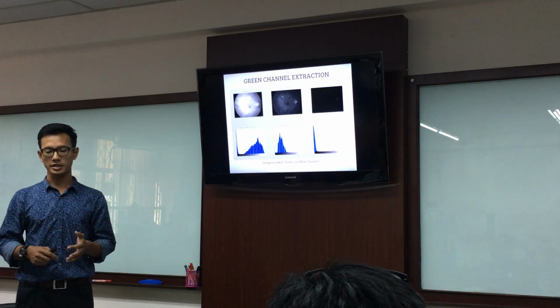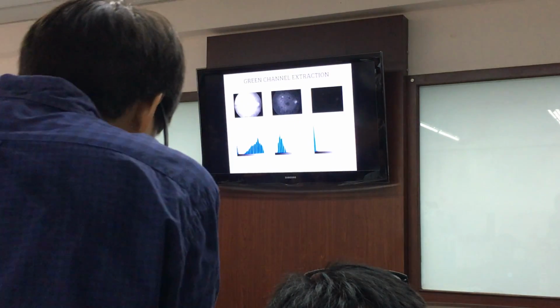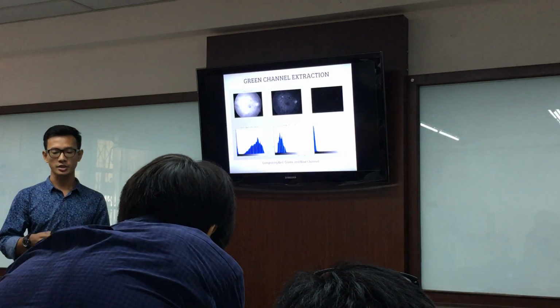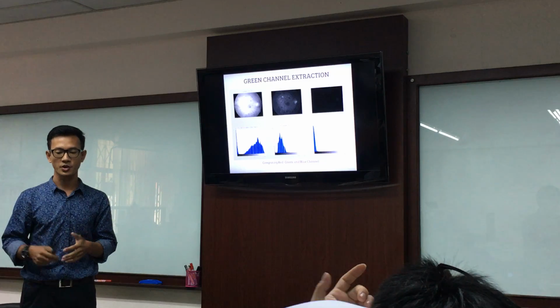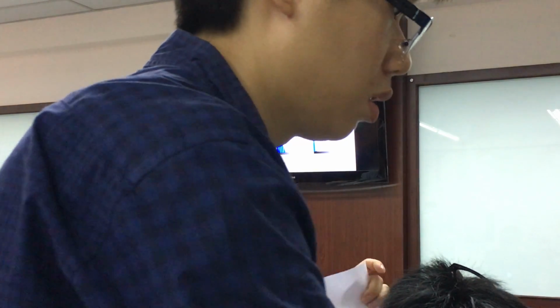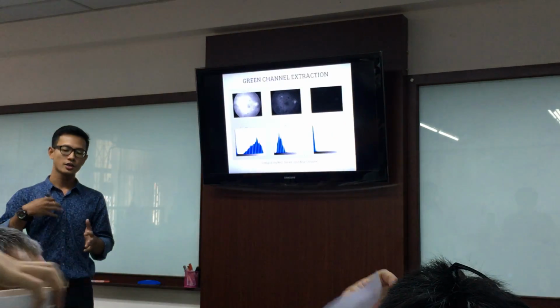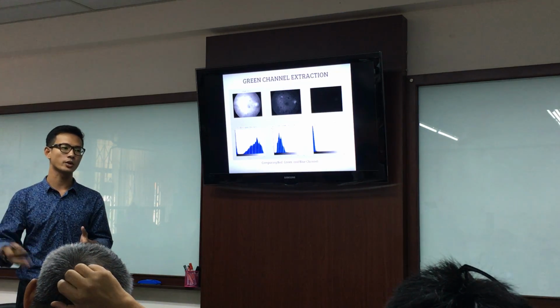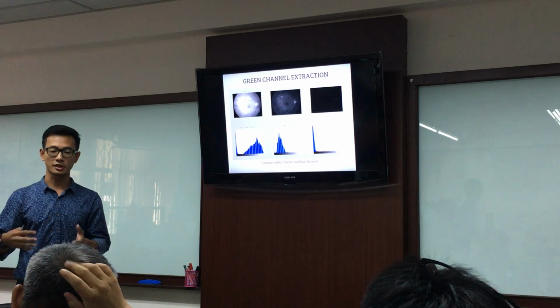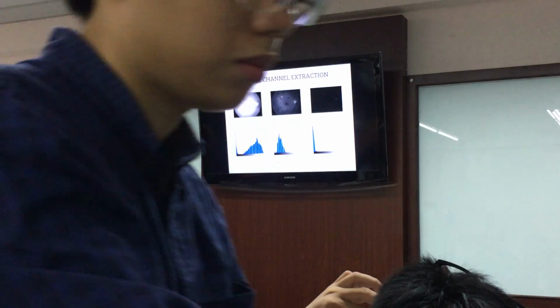The green channel, here's the reason why it is better than the other two: the red one is too bright, the blue one is too dark, so we choose the green channel, which shows the red lesions, microorganisms, hemorrhages, and blood vessels more clearly than the other two.